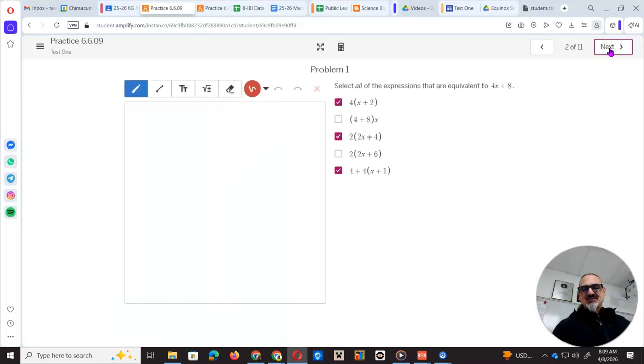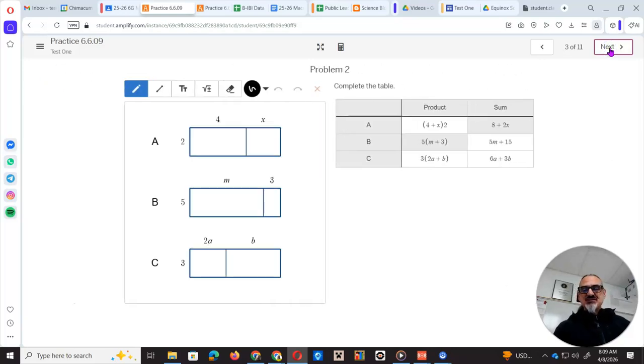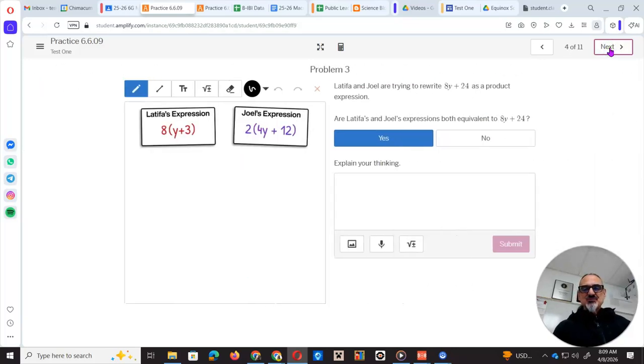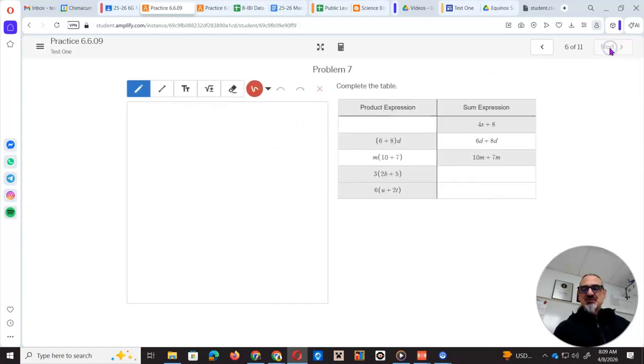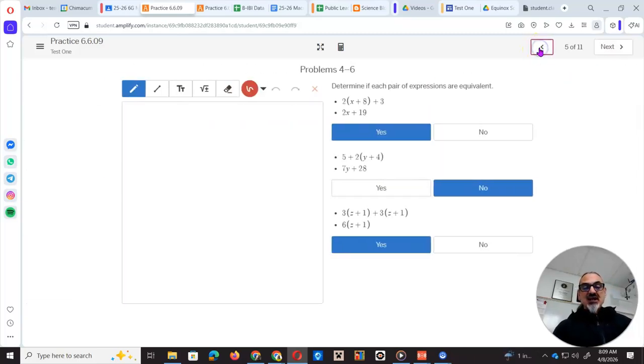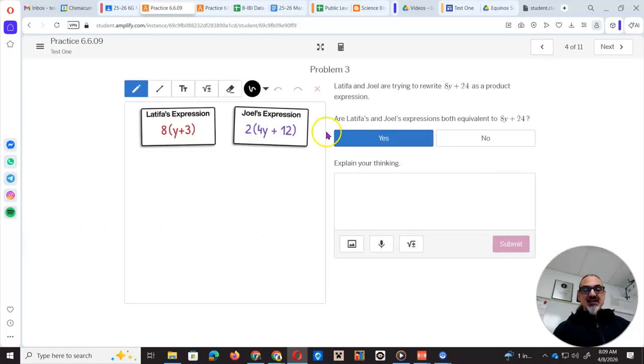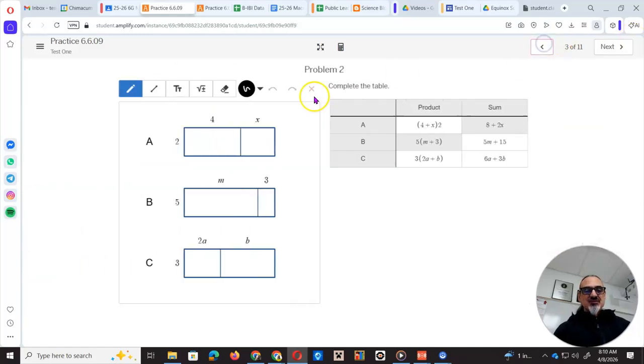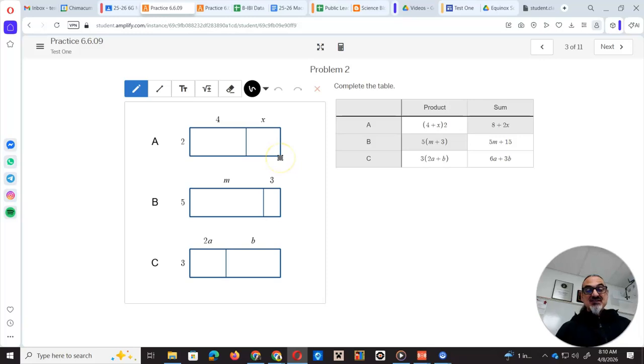So this is the lesson we were doing before our test practice, or quiz, I should say, for our quiz before spring break. And I just want to go to the last one we left off before we finished together and just show how we're using area models like this to figure this out, which makes it visual, so it's accessible to everyone, and it makes sense once you do it.